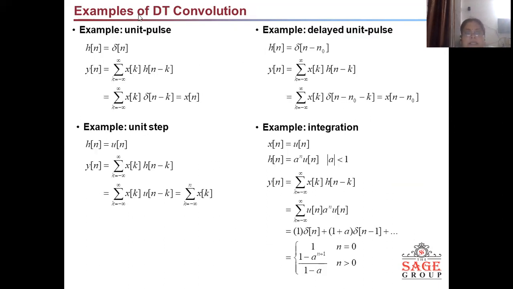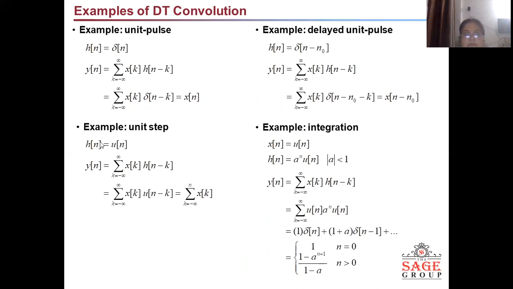Now, these are the examples of discrete time convolution. Here, we have taken h[n] as the impulse, and we have performed the operation y[n] as the summation from k minus infinity to plus infinity of x[k] h[n-k]. So here the input is multiplied with the help of the shifted impulse function.